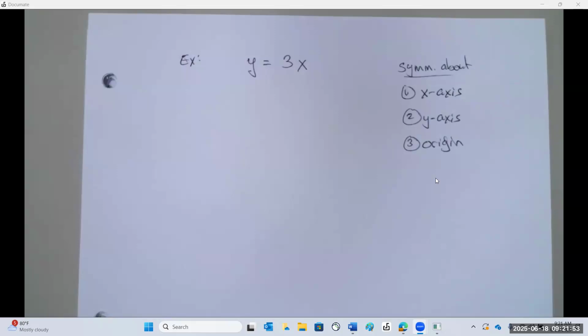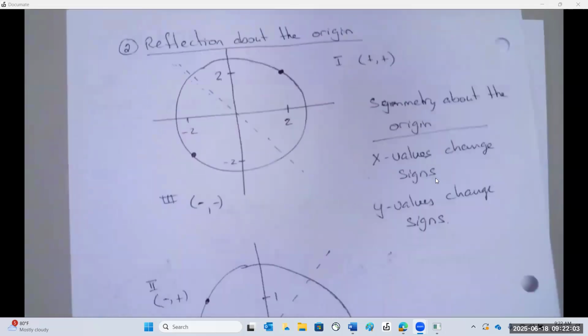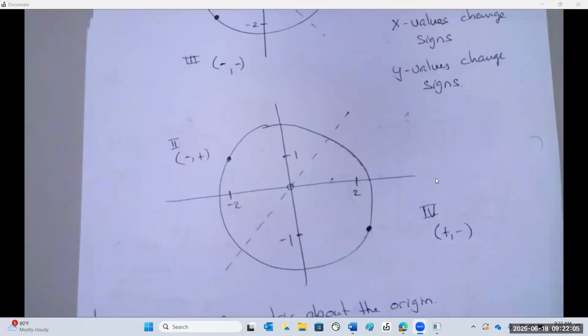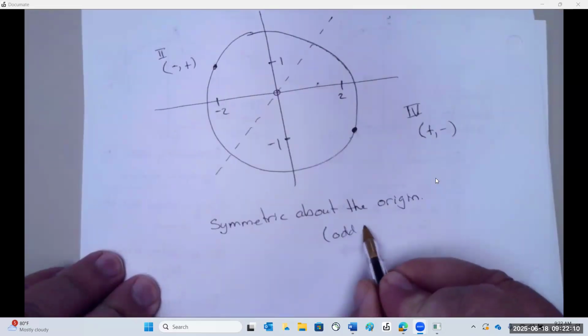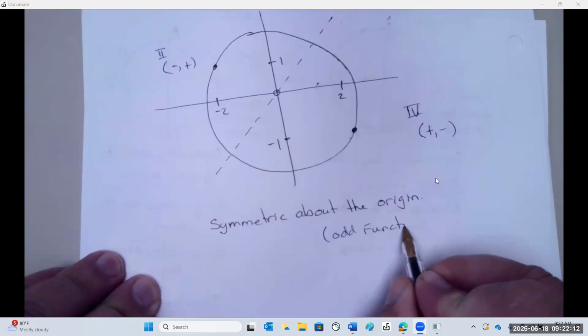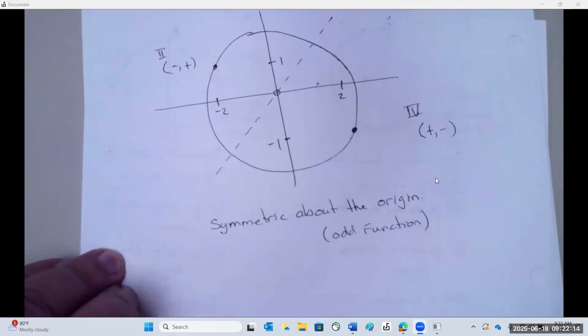If it's symmetric about the y-axis, it's an even function. If we have an even, then we have to have an odd function. If it's symmetric about the origin, then this is an example of an odd function. So even function flips across the y-axis, an odd function flips across the origin.